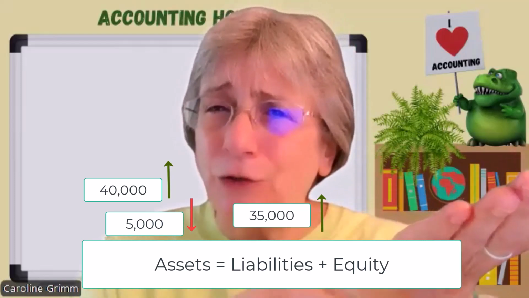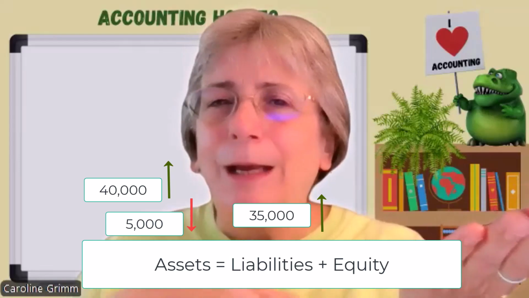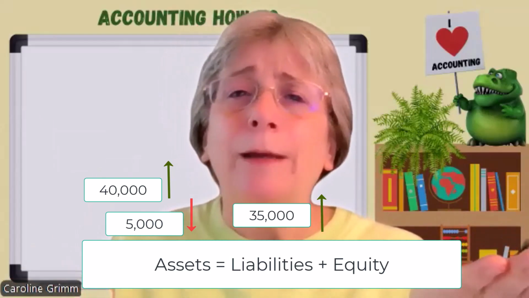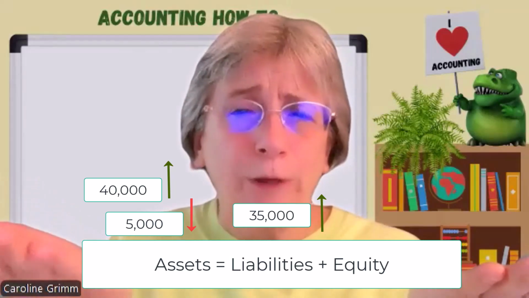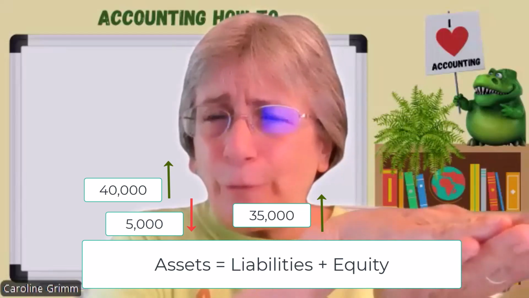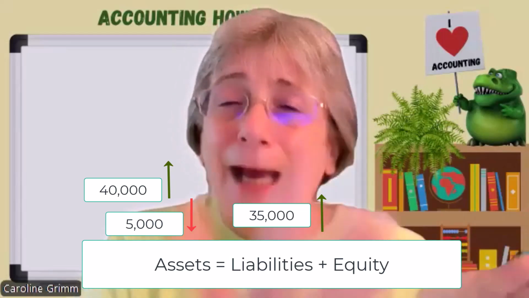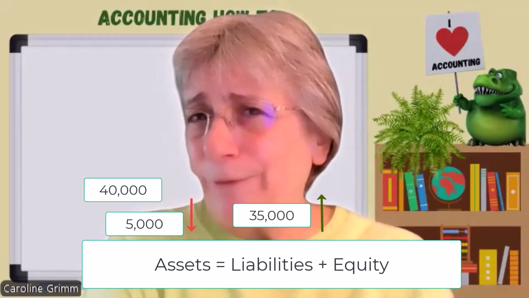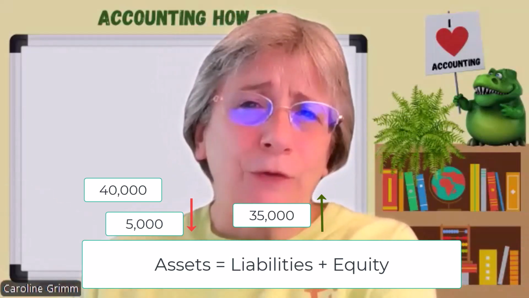So his cash is going to drop some, and then the other part of that is going to be a bank loan. So his liabilities are going to increase by $35,000. His vehicle asset is going to increase by $40,000, and then his cash asset is going to decrease by $5,000. So we got $35,000 on one side, $35,000 on the other side.